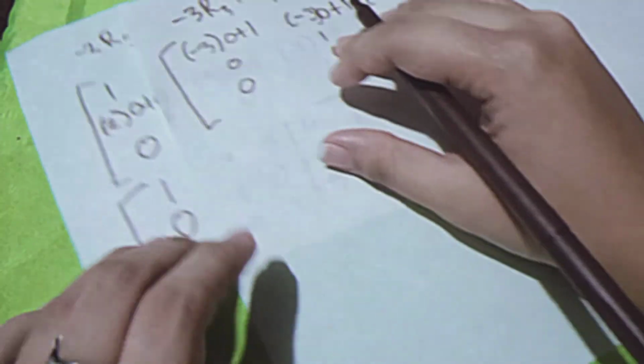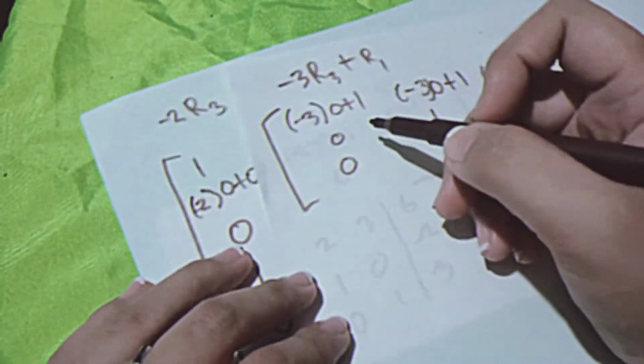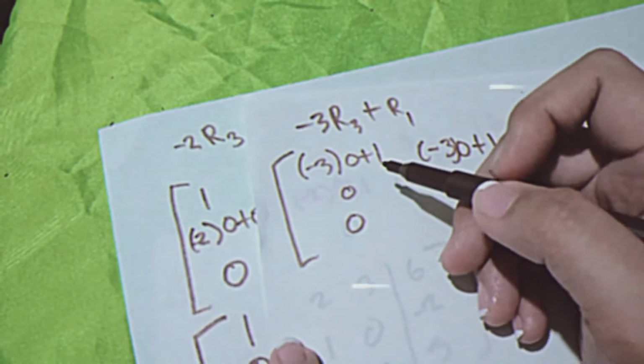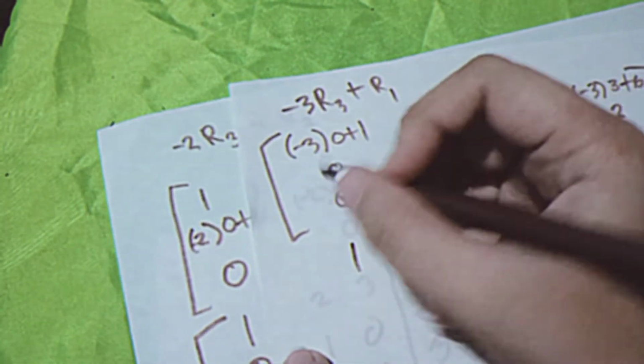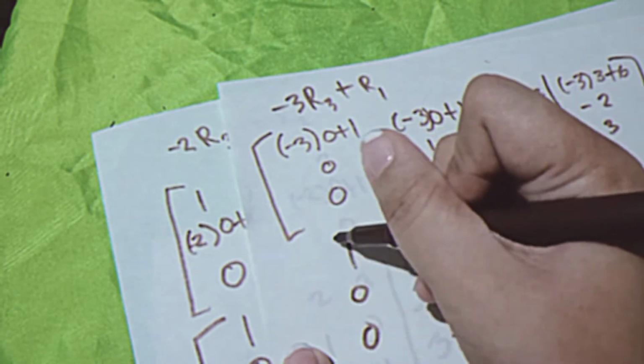So, negative 3 times 0 plus 1 is 1, then 0, 0.